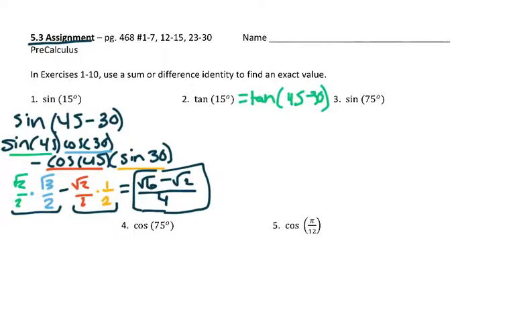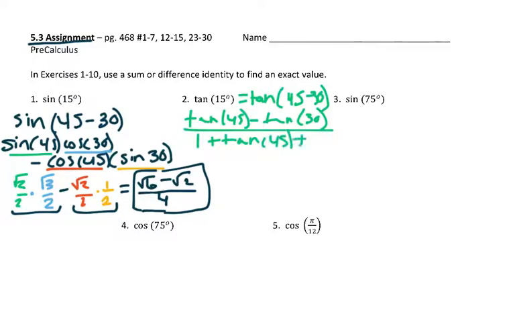So we've got tangent of 45 on top minus tangent of 30, and then that's going to be all over 1 plus tangent of 45 times tangent of 30.